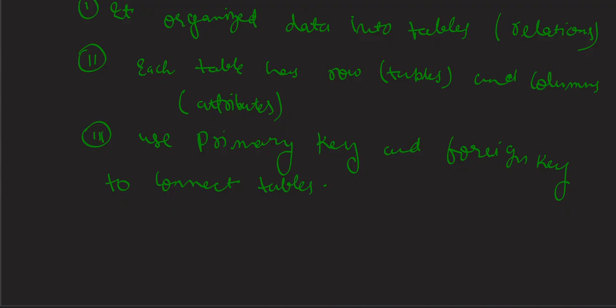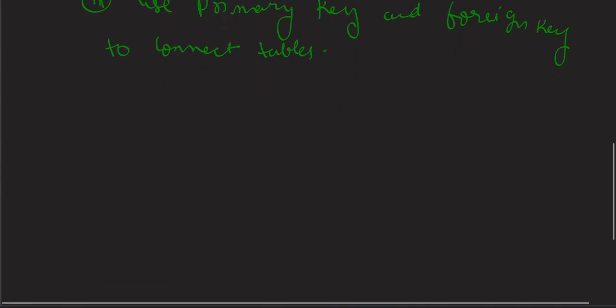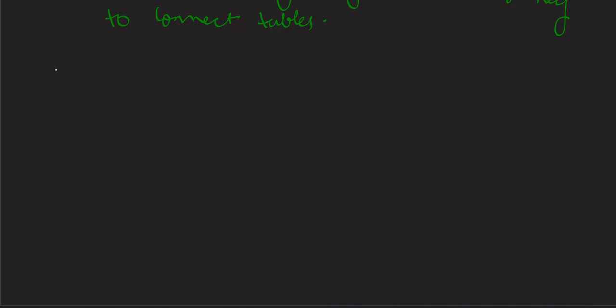so let's take an example. A student table in which roll number, name, and courses are there.